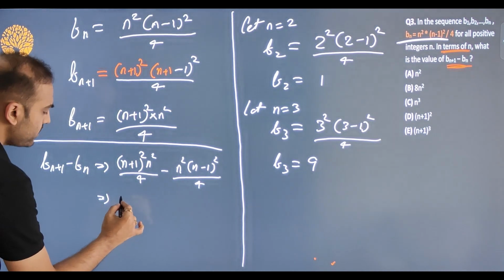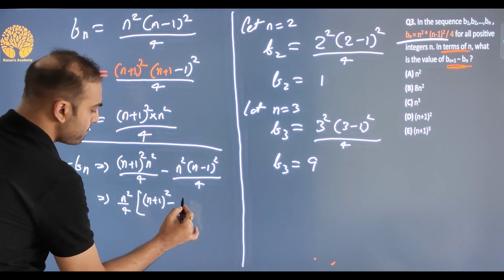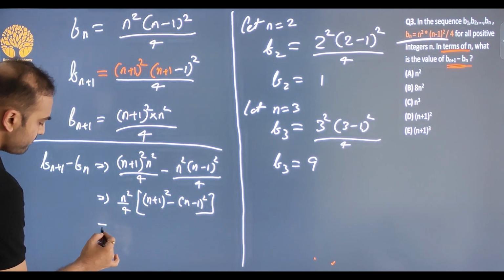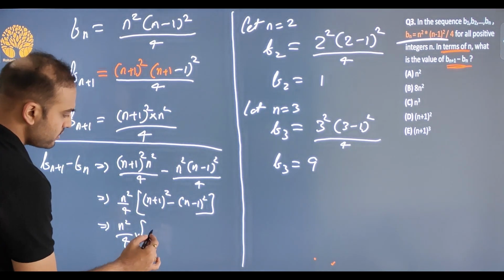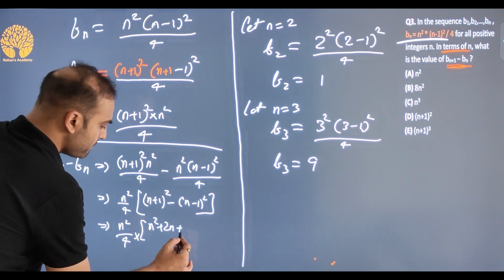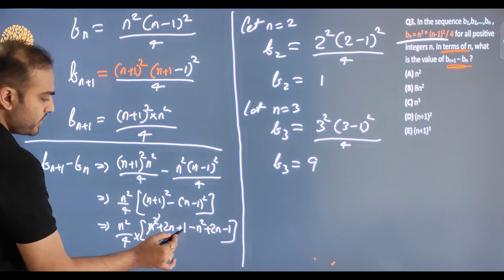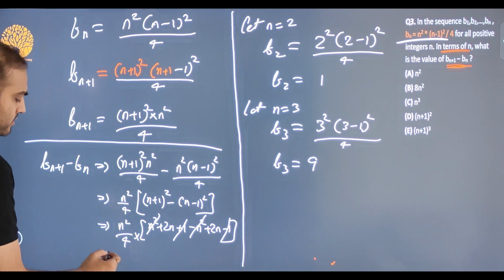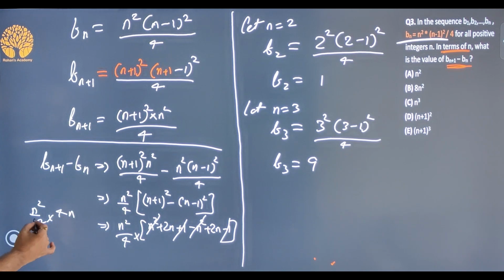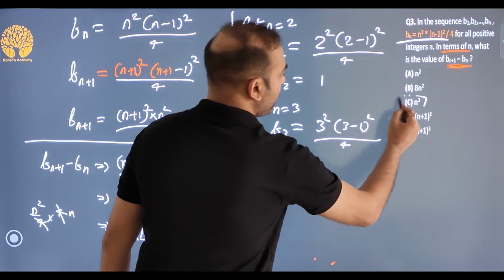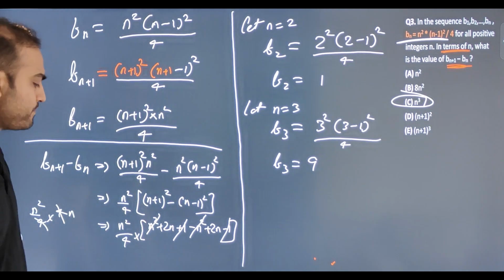I can take n square by 4 common, n plus 1 whole square minus n minus 1 whole square. n plus 1 whole square is n square plus 2n plus 1, minus n square minus 2n plus 1. n square cancels, 1 and 1 cancel. This is n square by 4 into 4n, 4 and 4 cancel out, n cube is the answer, okay?